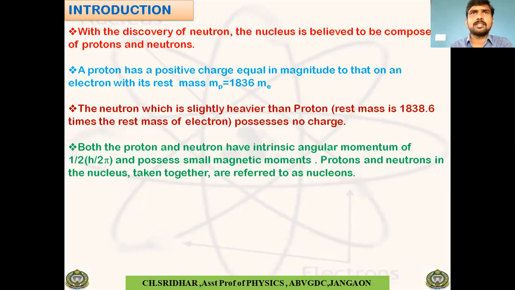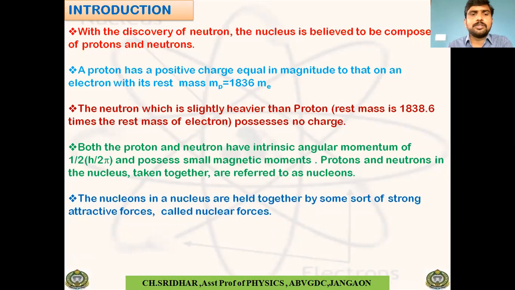So in the nucleus there are two types of particles, protons and neutrons, and protons and neutrons combined together are called nucleons, the particles which are in the nucleus. And the nucleons in a nucleus are held together by some sort of strong attractive forces called nuclear forces.